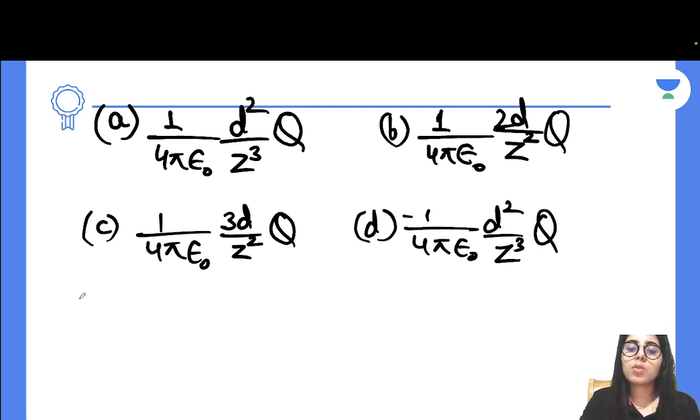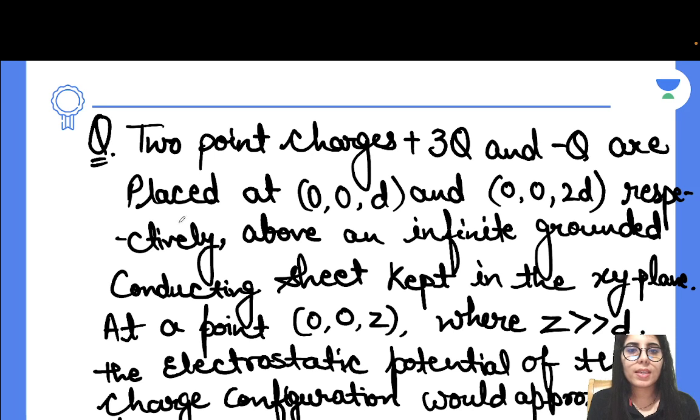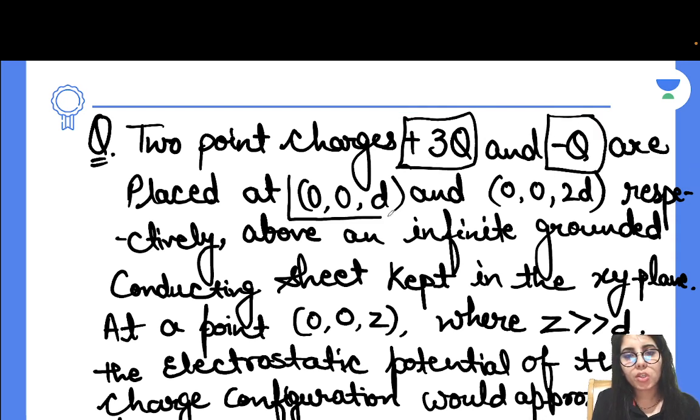If we are going to talk about this thing guys, now the next thing is let's do the analysis. So actually guys, in this case, if you will observe, they have given you 2 point charges, one having the value positive 3q, the other negative q, placed at 00d and this other coordinate respectively.